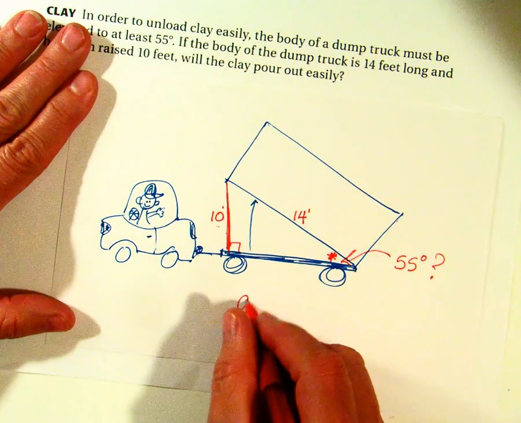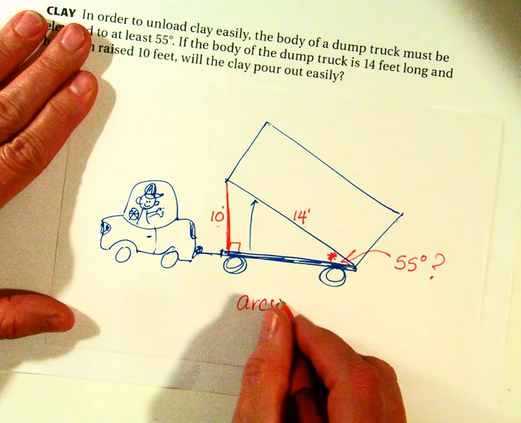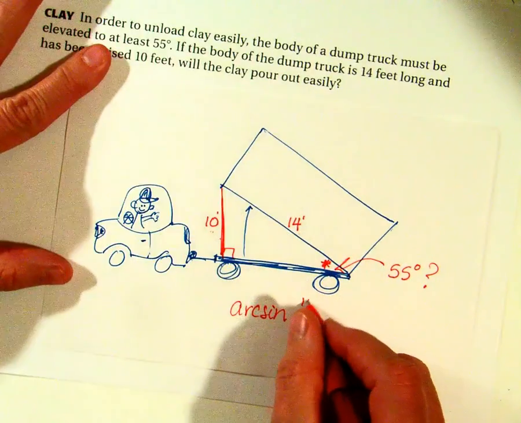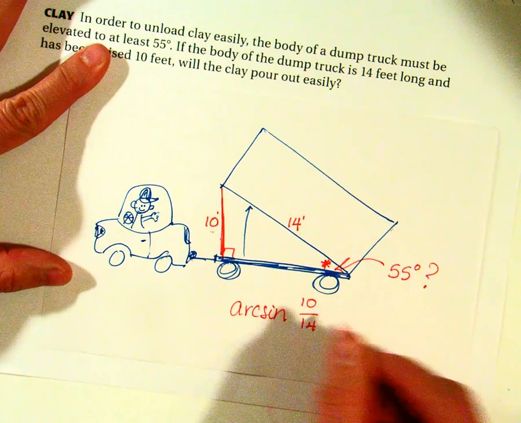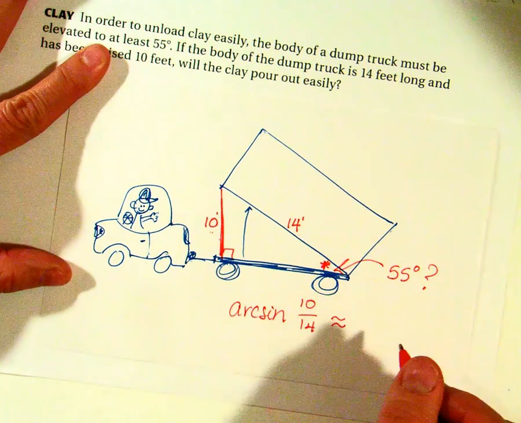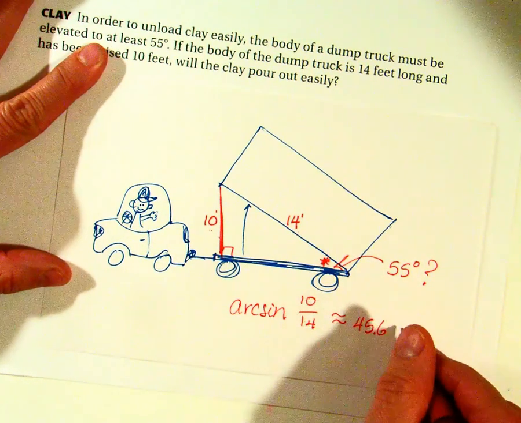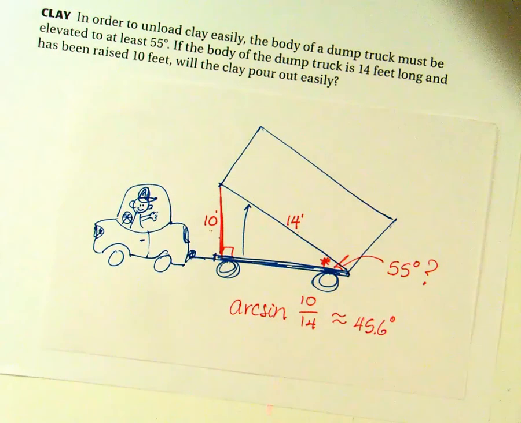So this will be arc sine of opposite over hypotenuse. Punch it in the calculator or look in the chart backwards, and you're going to find out it's about 45.6 degrees. Don't buy the truck. You're not going to be able to deliver your clay. Okay?